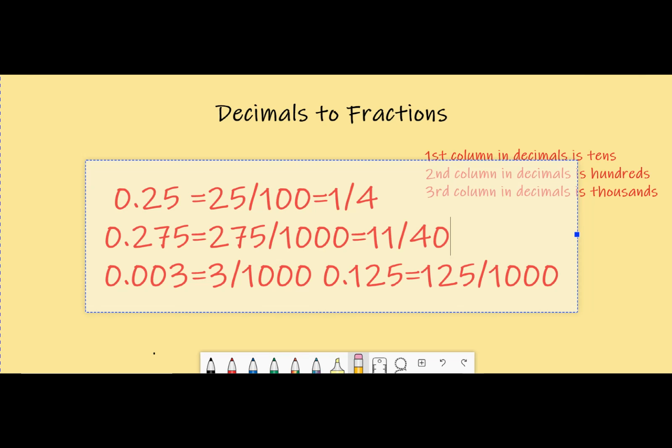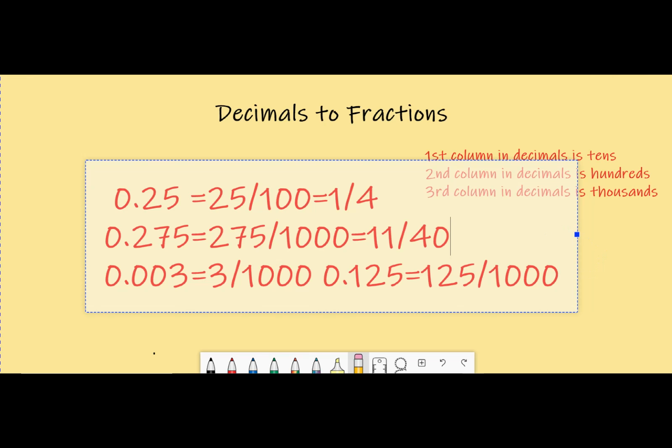So if we have 40 apples, what is 0.275 of 40 apples? Sounds terrible, doesn't it? Sounds really complicated. But look, the calculation is there. We have done it. It is 11 apples. It is that simple. Do you agree?